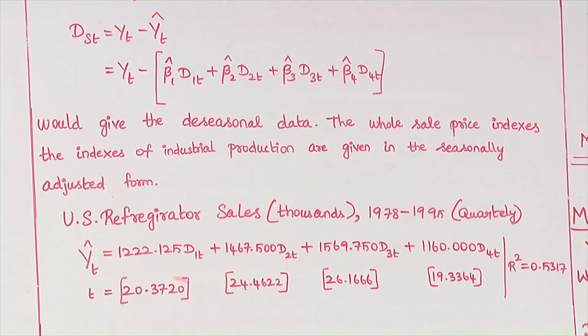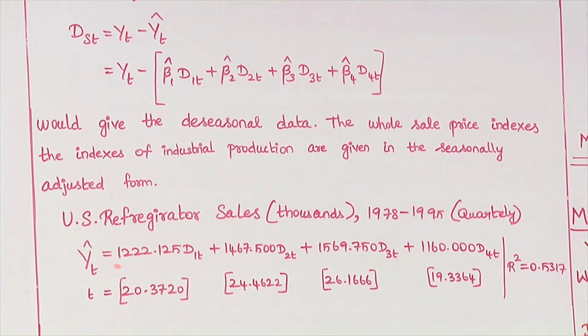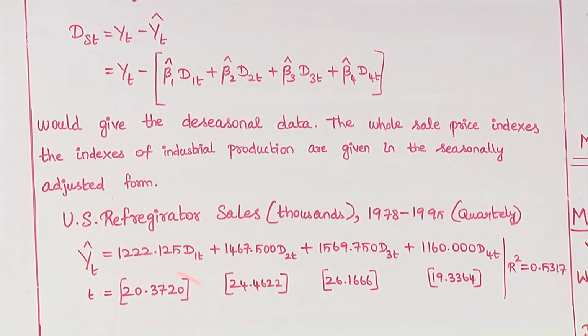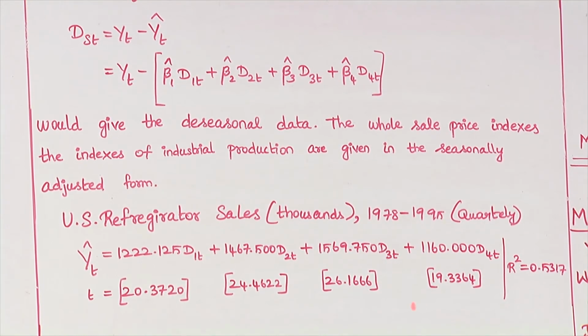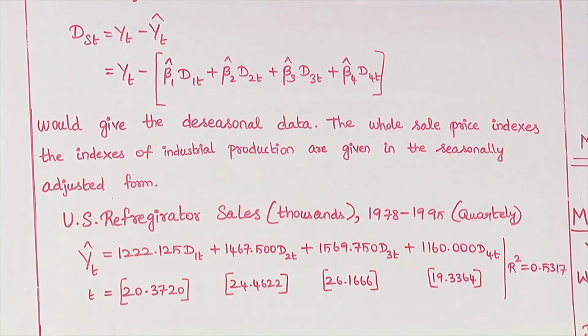For the first quarter data we will subtract this one, for the second quarter data we will subtract this one, for the third quarter data we will subtract this value, and for the fourth quarter data we will subtract this to get the deseasonalized data. So, that is what is called seasonally adjusted data.